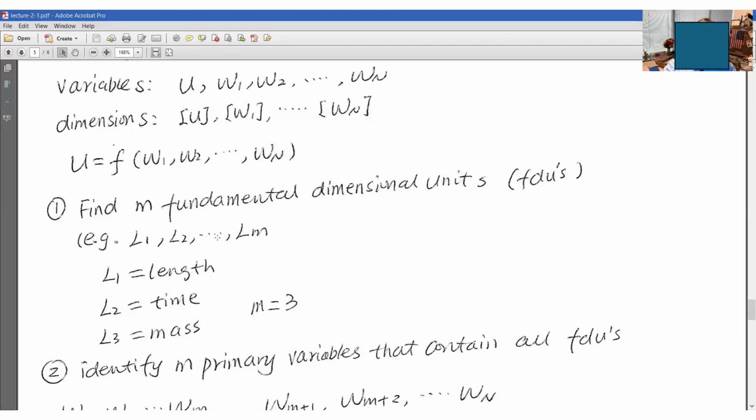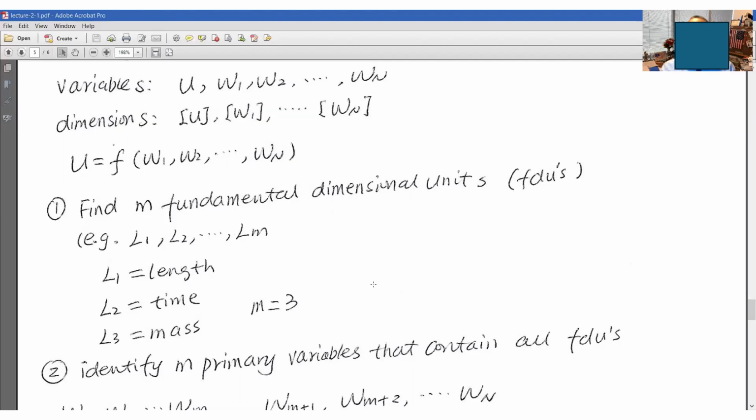So we have so many variables, and we know that L1 is length, L2 is time, L3 is mass. So length, time, mass, and they are fundamental dimensional units.